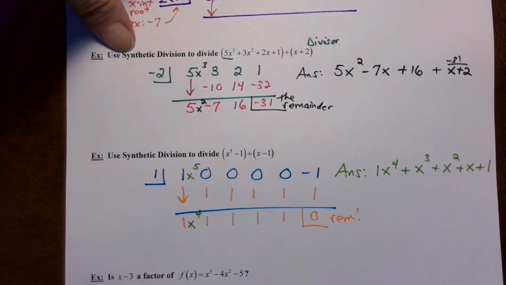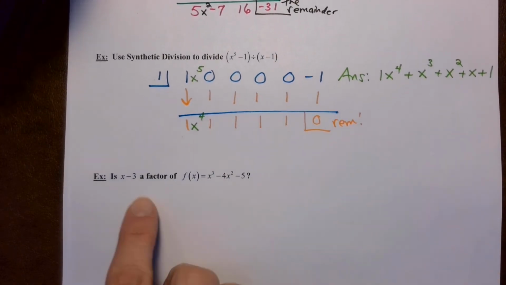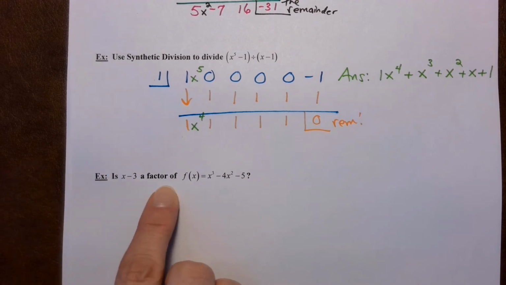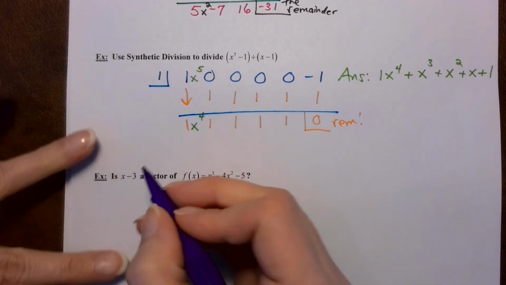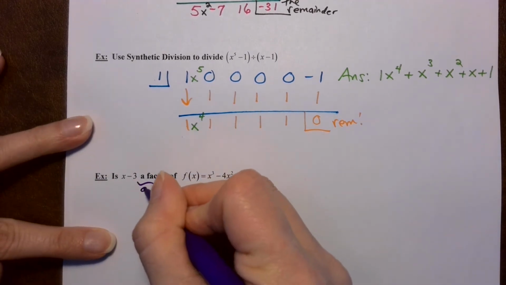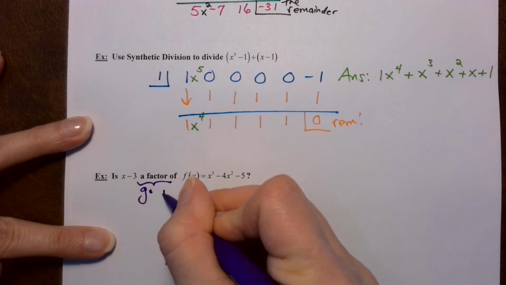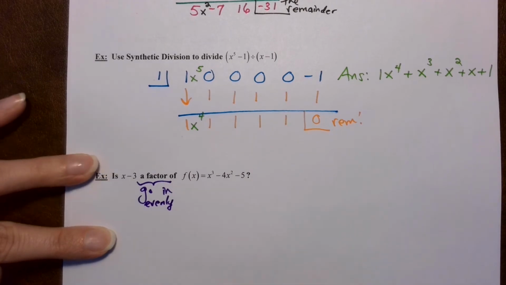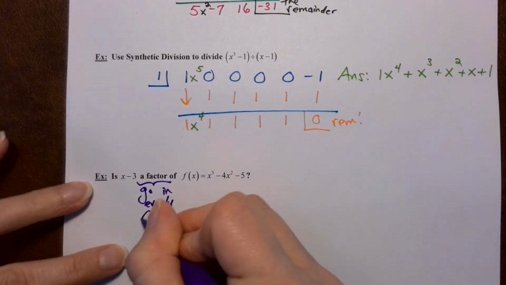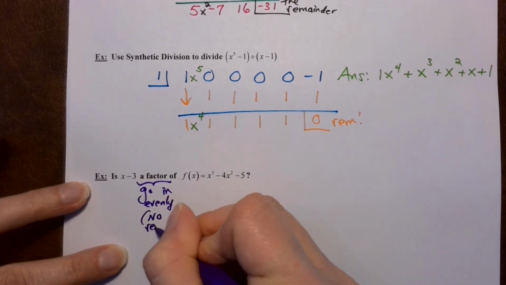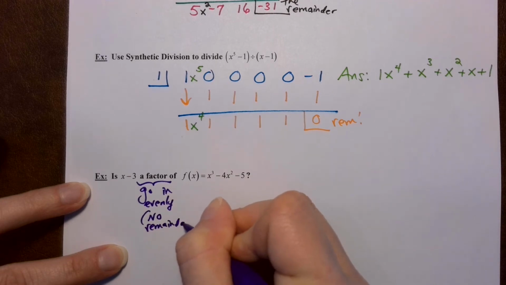Sometimes you might get asked a question like this: is x minus 3 a factor? To be a factor, that means that it goes in evenly, so I'm hoping for no remainder.